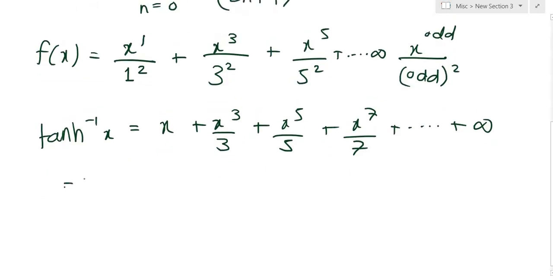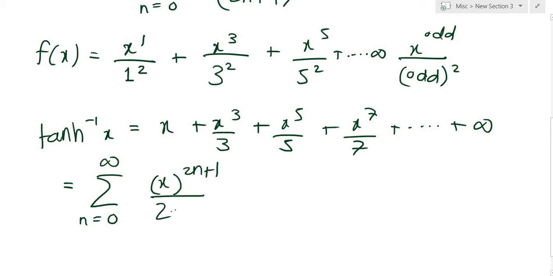Now we might want to condensify this by letting the sum from n equals 0 to infinity of x to the 2n plus 1 power over 2n plus 1. Well, great, right? I mean, we have the exponent of the x that fits well with our original question, but the only problem is we have a square in the denominator, and here we don't.